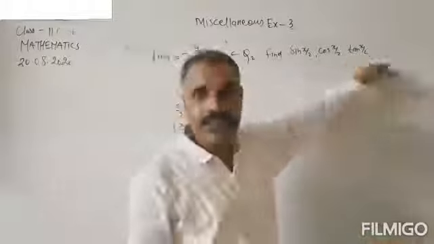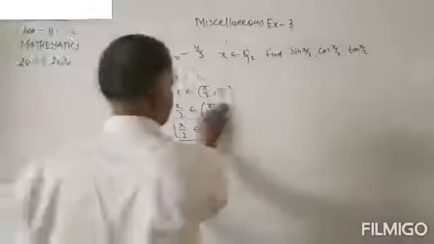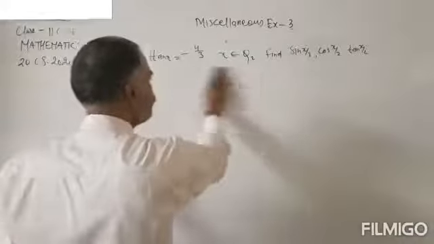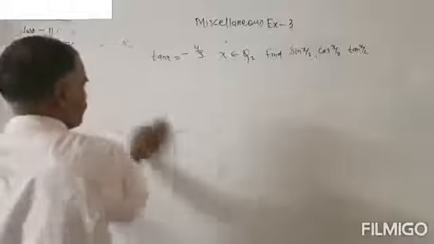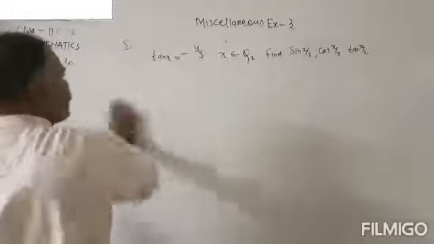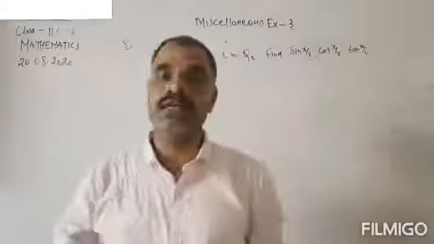That is why all these are positive. Now we will solve tan x equals minus 4 by 3 for sin x by 2, cos x by 2 and tan x by 2.